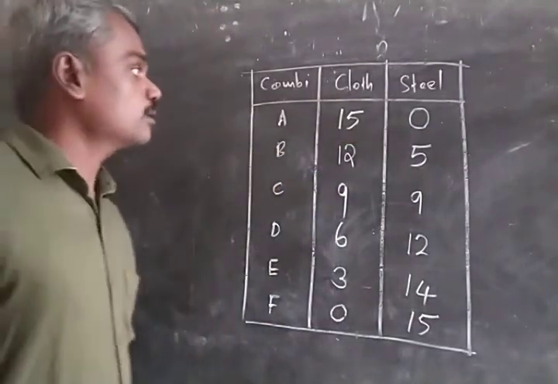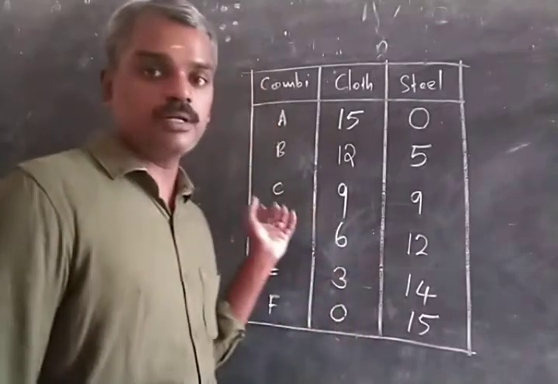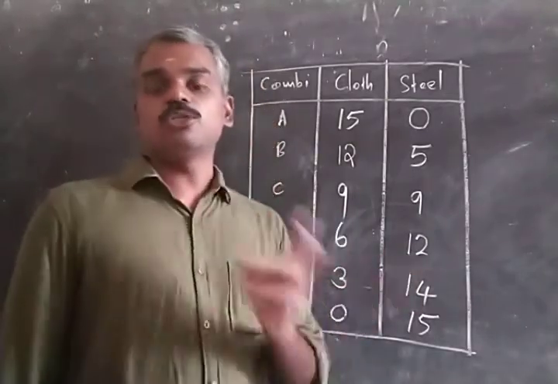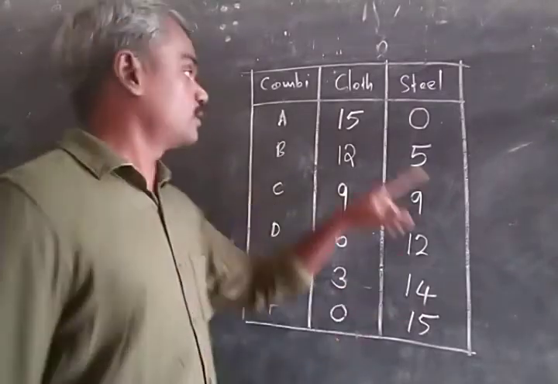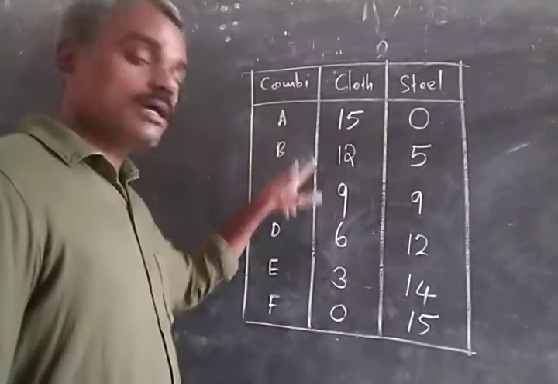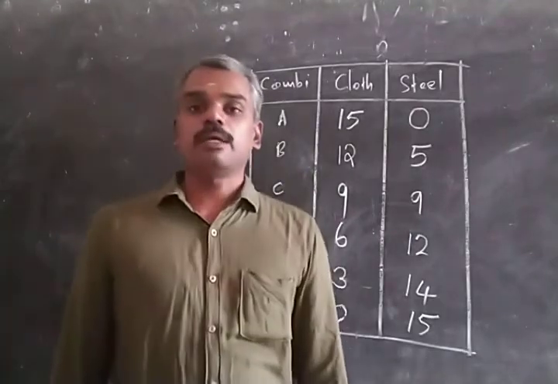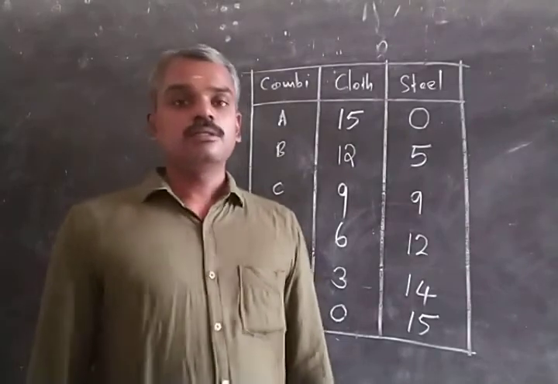This is called a production possibility schedule because it shows different possibilities of producing two commodities. This is one possibility, this is another, and these are other possibilities the economy has in producing the two commodities.